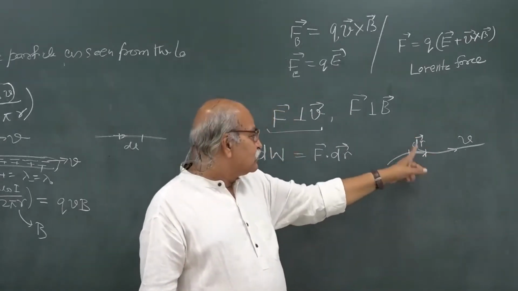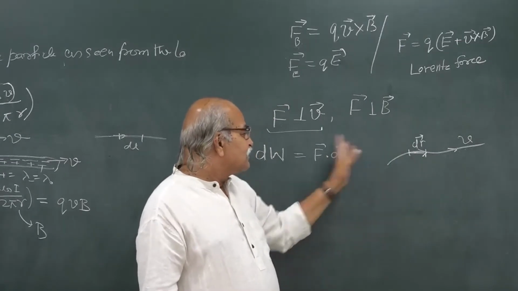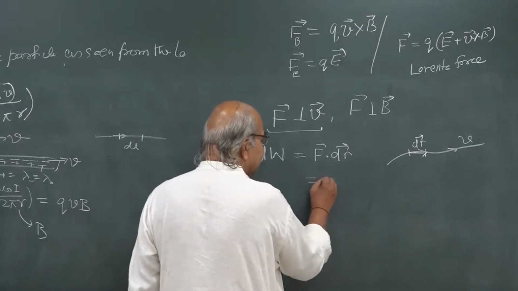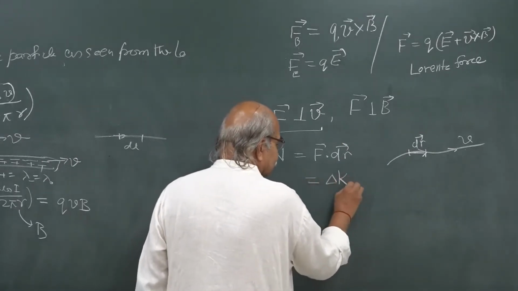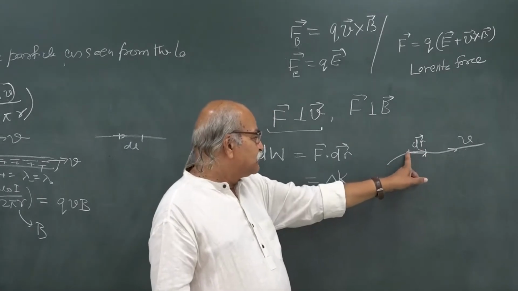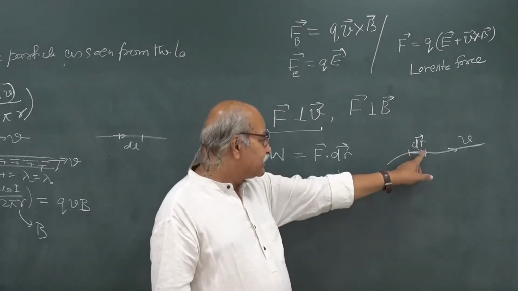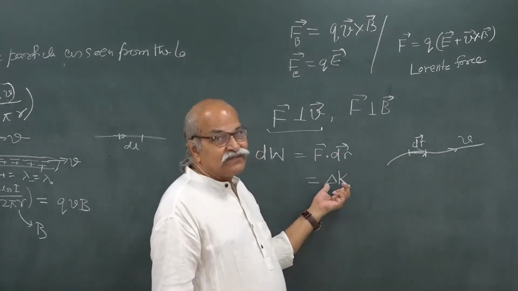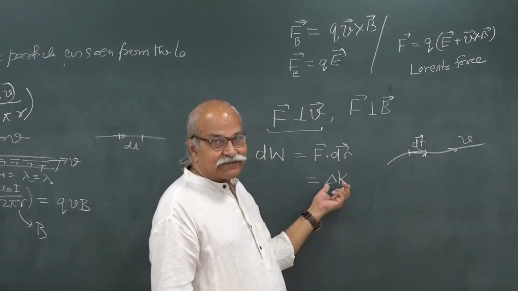The force dot product with dr is the work done by definition, and this is equal to the change in kinetic energy. Going from here to here, if the speed changes, then the kinetic energy changes, and this quantity is the same as the change in kinetic energy.